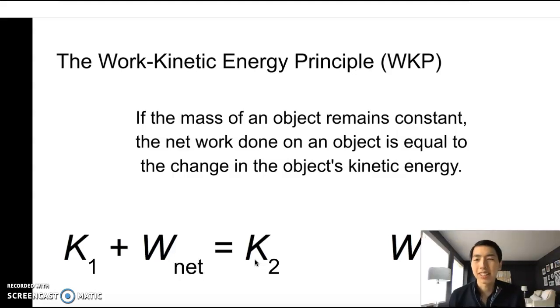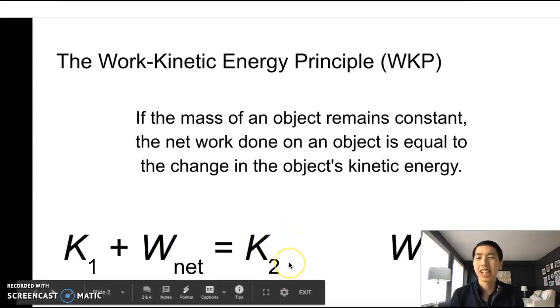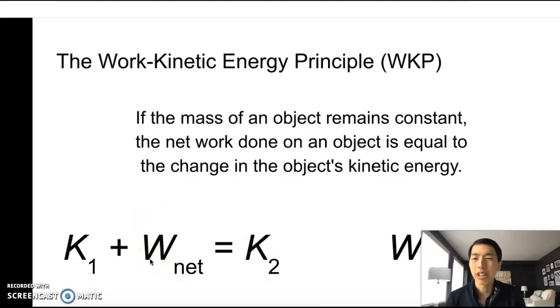So another way of saying this is that if an object starts off with so many joules of kinetic energy, then you do work on that object, that's either going to add joules or take away joules from that object, and you result in the ending amount of joules in kinetic energy. I say add or take away because we know that work is sometimes positive and work is sometimes negative, and work is sometimes zero as well.